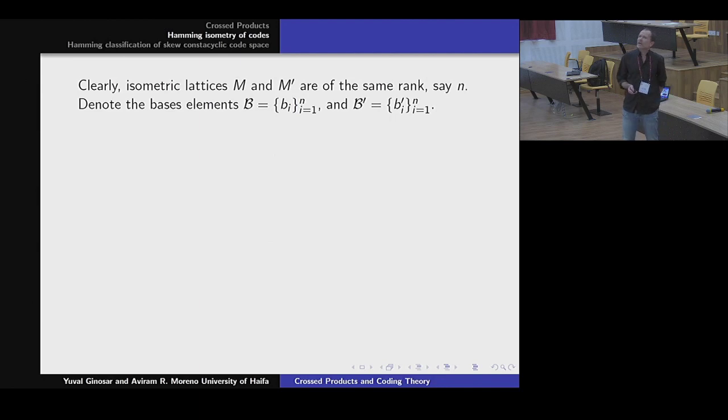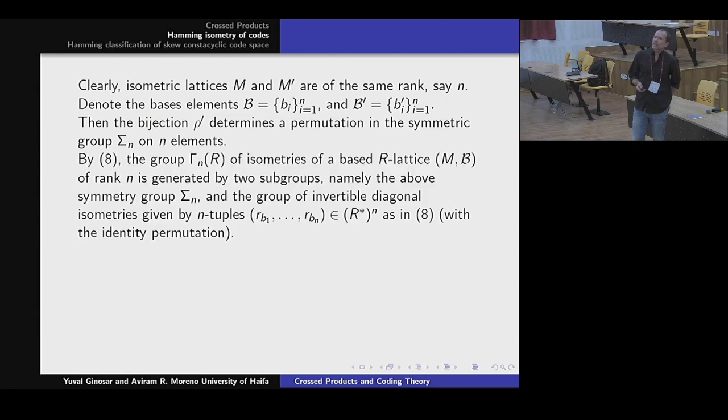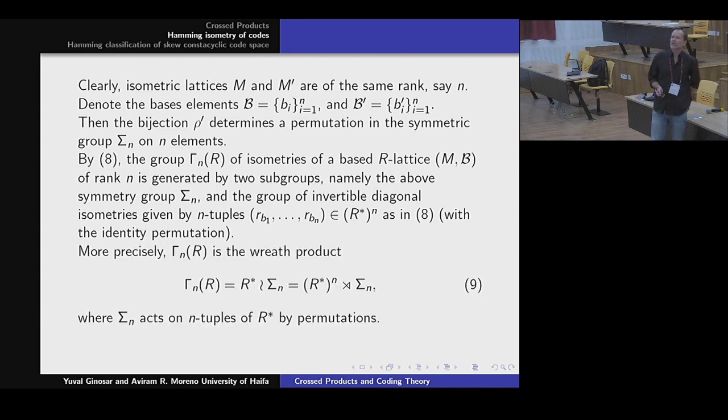Denote the base elements by b_i and b_i prime. Then the bijection determines a permutation in the symmetric group sigma n on n elements. By the equation above, the group of isometries of a based R-lattice of rank n is generated by two subgroups, namely the above symmetry group and the group of invertible diagonal isometries given by R tuples, r_1 until r_n in R star to the n, with the identity permutation.